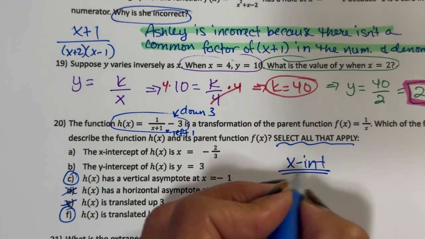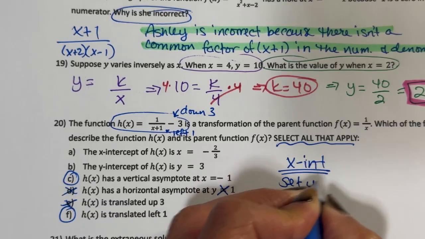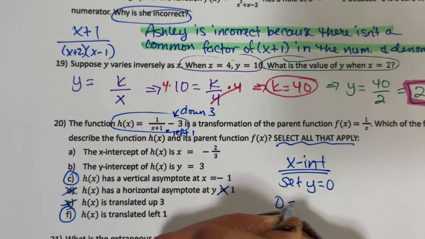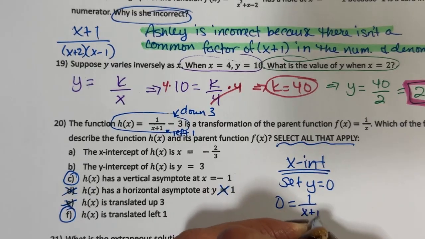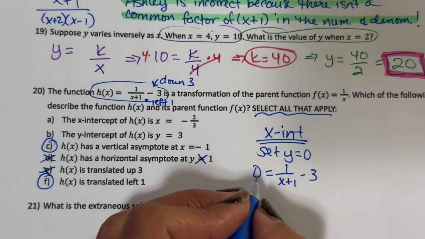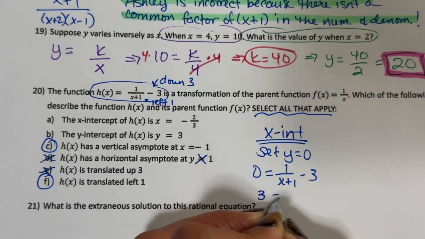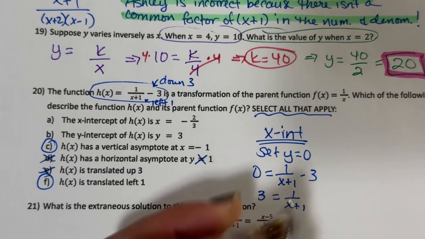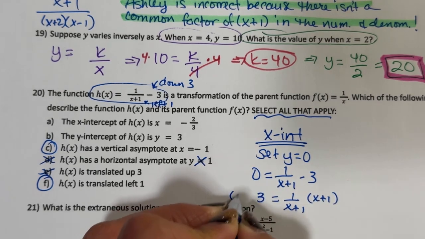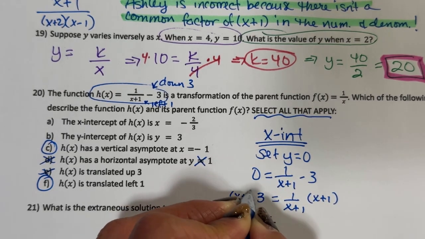So remember, to find an x-intercept, you have to set y equal to 0. So y is the h of x, so 0 equals 1 over x plus 1 minus 3. We got to solve for x, so we got to add that 3 over. 0 plus 3 is a 3. I'm running out of space, that's why I'm not writing it. Got to multiply both sides by x plus 1 to get rid of that x plus 1 in the denominator.